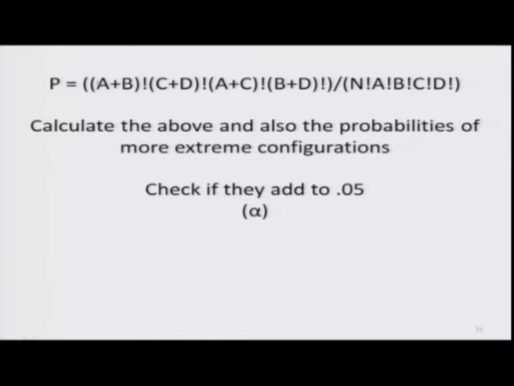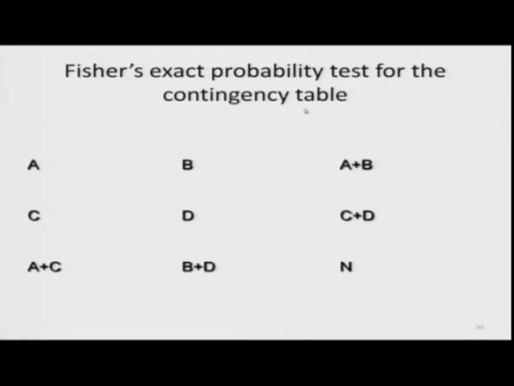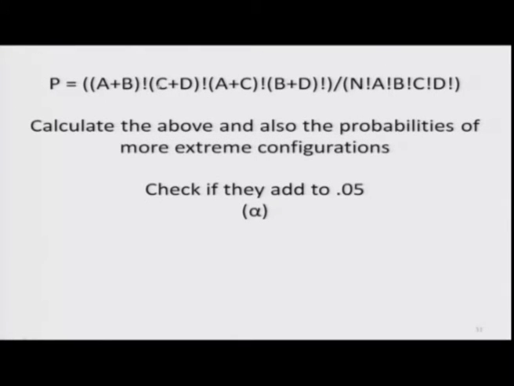This is factorial A plus B, factorial C plus D, factorial A plus C, factorial B plus D. What are they? A plus B is the total of the first row, C plus D is the total of the second row, A plus C is the total of the first column, B plus D is the total of the second column, and n is the grand total, and factorial A, factorial B, factorial C, factorial D. These factorials are factorials of cell frequencies.